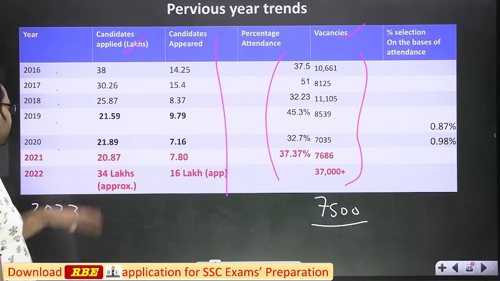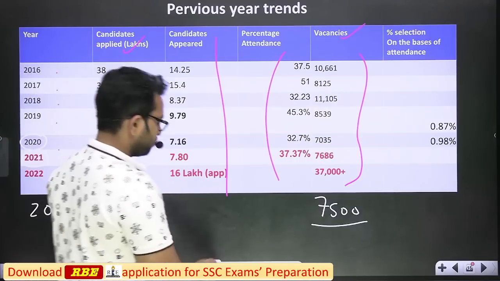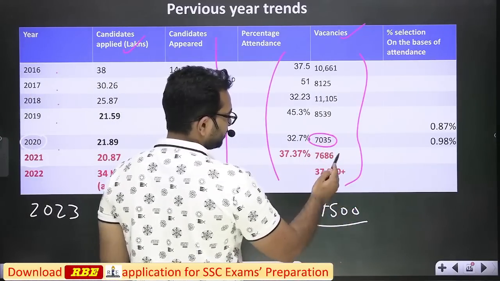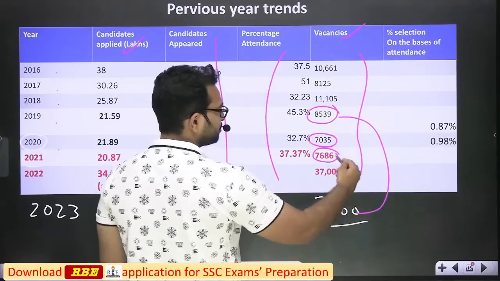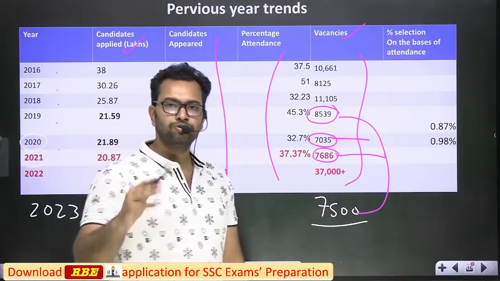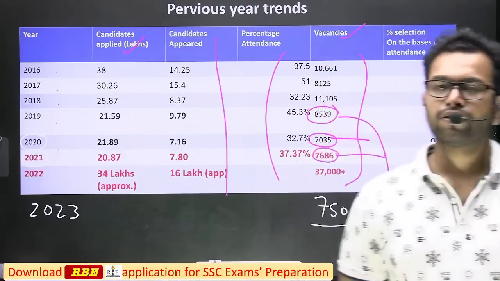And this seems like SSC CGL 2021 and 2020. If we look at the vacancies, here we have 7000 vacancies, here we have 7686 vacancies, here we have 8000 vacancies. So competition will be like these examinations. Okay, we can't use SSC CGL 2022 as an example for our preparation.